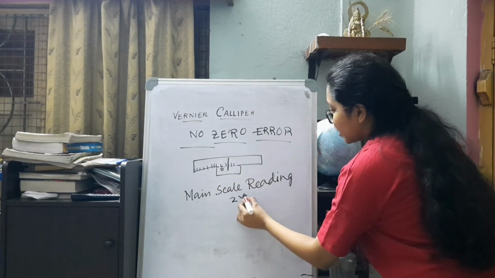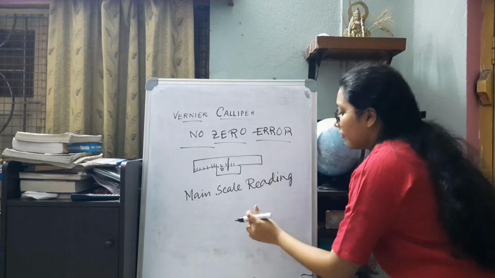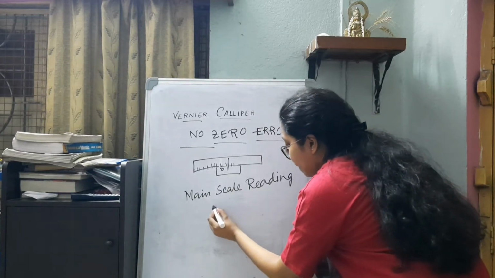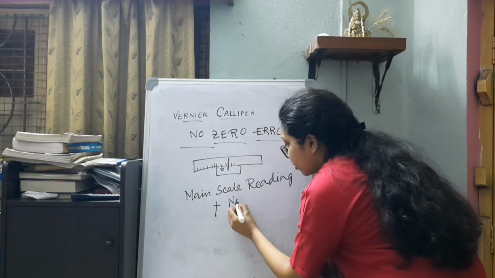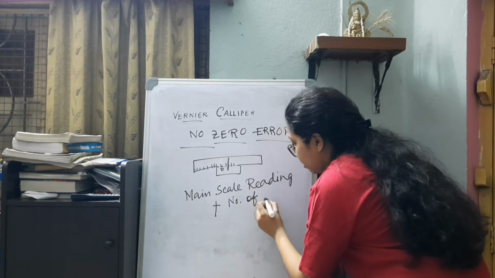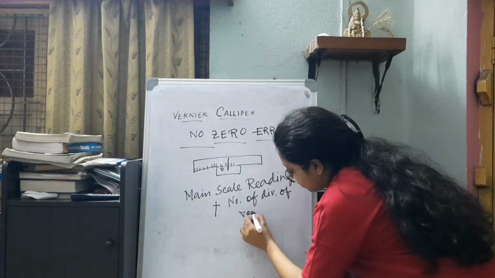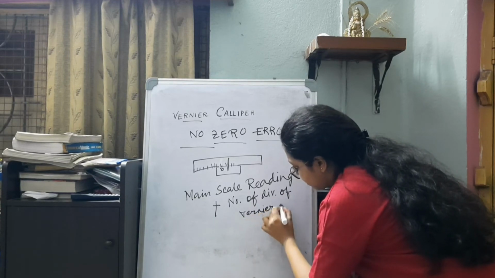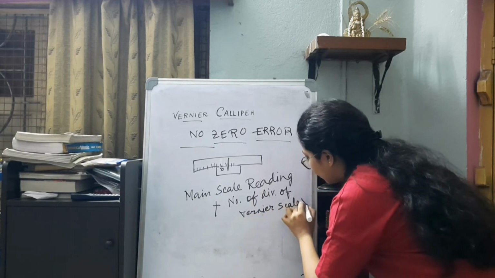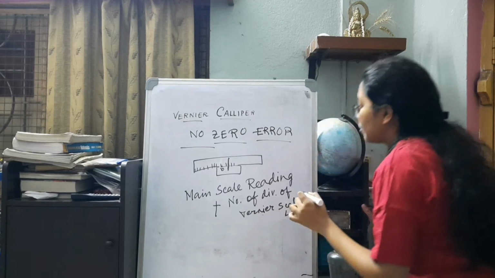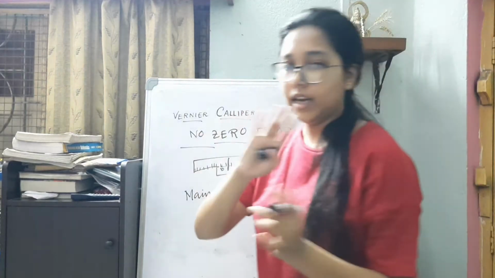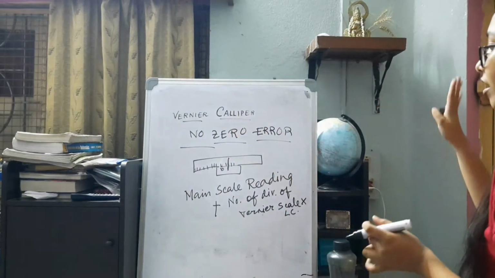So 2 divisions in this case, but more in general form, let us write it down as plus number of divisions of vernier scale times the least count. The least count here was 0.1 millimeter. So this is the general formula.